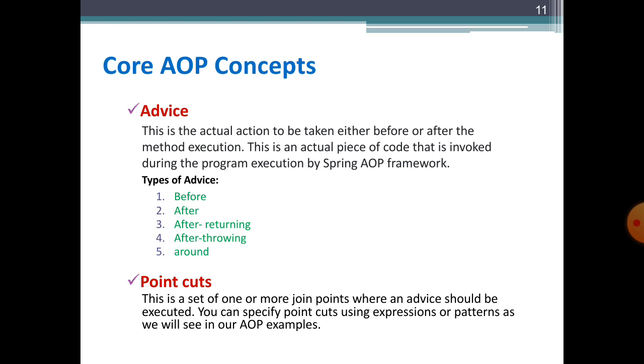Pointcuts are specified using expressions or patterns, as we will see in our different aspect oriented examples in later lectures as well. Students, these are the different core areas of aspect oriented programming.